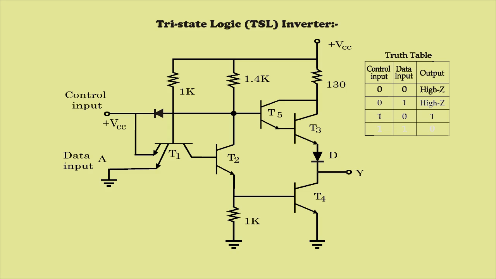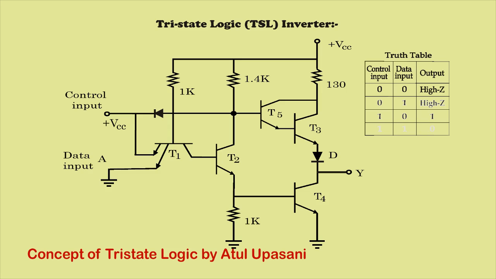So the cathode voltage is plus VCC, and the anode voltage is also right now plus VCC. If cathode and anode have the same magnitude and polarity, then the diode will not conduct, and we can say that the diode is reverse biased right now.